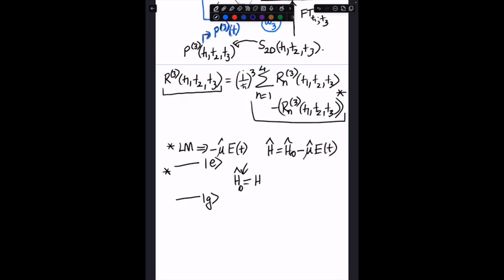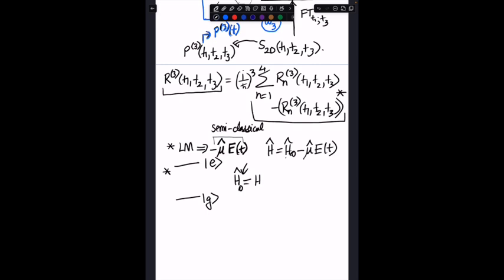I apologize because the dipole operator is an operator, and this is the semi-classical treatment of the light matter interaction, as we had previously discussed. Why is it semi-classical? Because the electric fields are treated as classical number fields, and your dipole operators are treated as quantum mechanical operators.